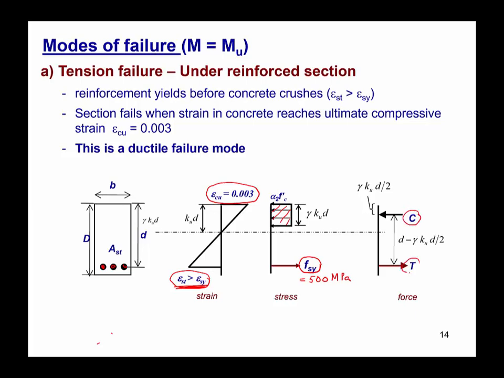The total tensile force T is equal to the area of steel multiplied by sigma st, and in this case area of steel is AST and sigma st is equal to Fsy, which is already known. The yield strength of steel is 500 megapascal.